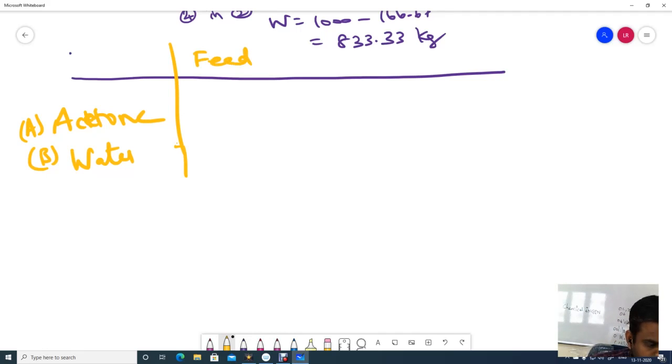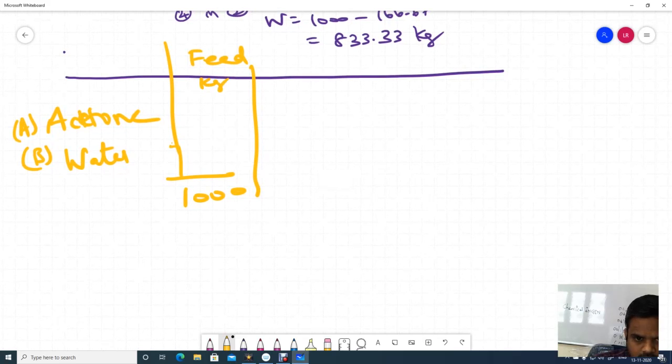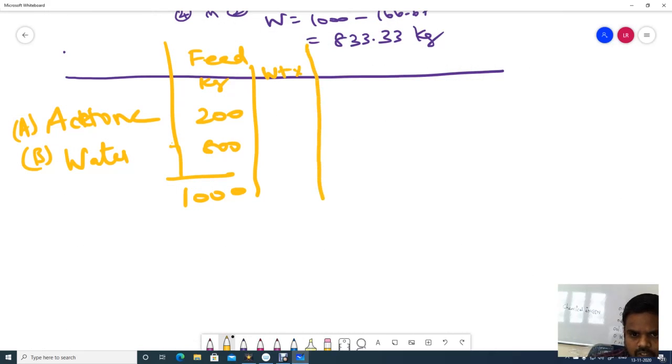What is the total amount of feed in kg? It is 1000 kg. So what is the composition? Weight percentage is 200 divided by 1000 into 100. That is given data actually, right? 20% A and 80% B.